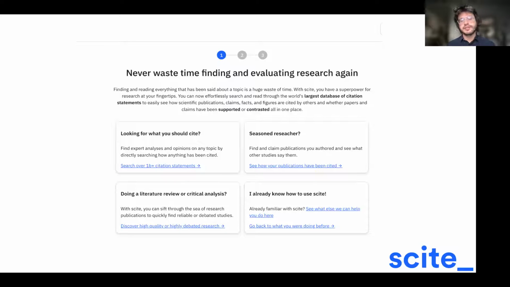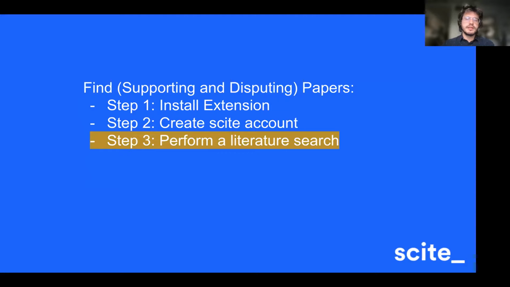Are you a seasoned researcher who wants to see how your publications have been cited, how people are engaging with your publications, and so on? So in creating a Scite account, you'll go through a walkthrough depending on where you are in your research journey, and the kinds of things you're interested in seeing with regards to how publications have been cited.